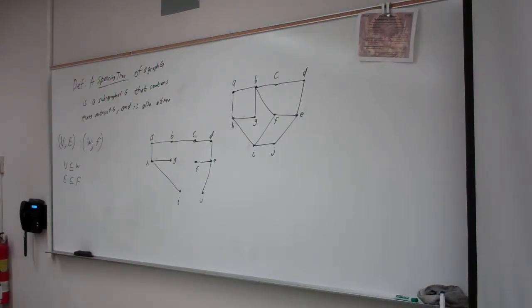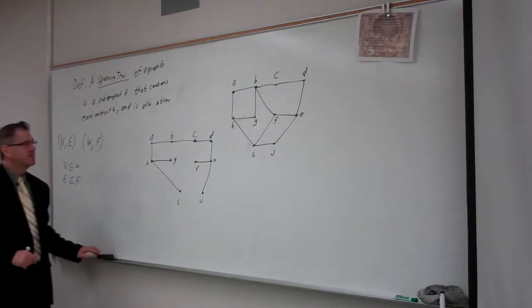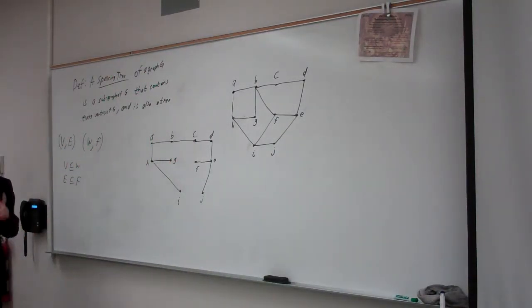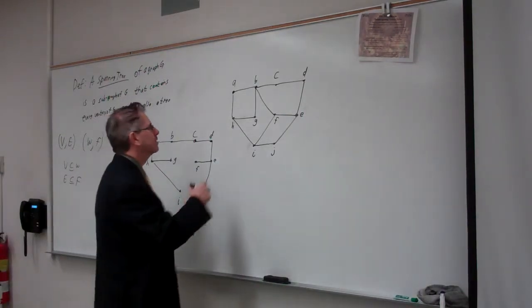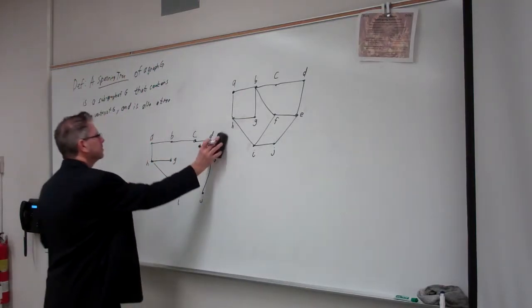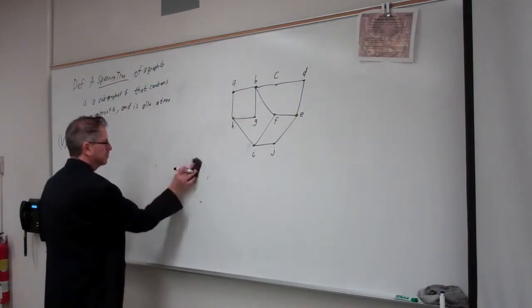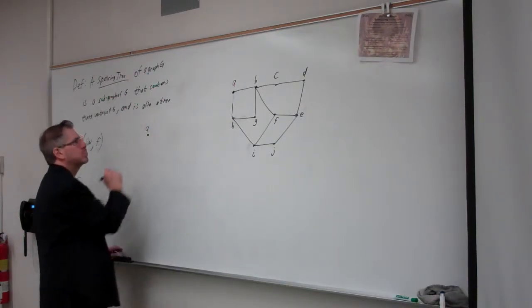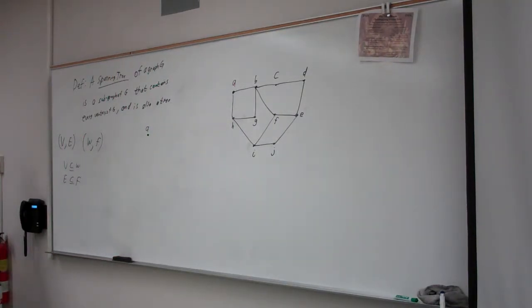All right, we can also form spanning trees by picking a root and traversing outward, and we can do this two ways, depth first or breadth first. So if we decide that we want A to be our root, we can simply move out from A and keep adding vertices as long as we don't create a cycle.